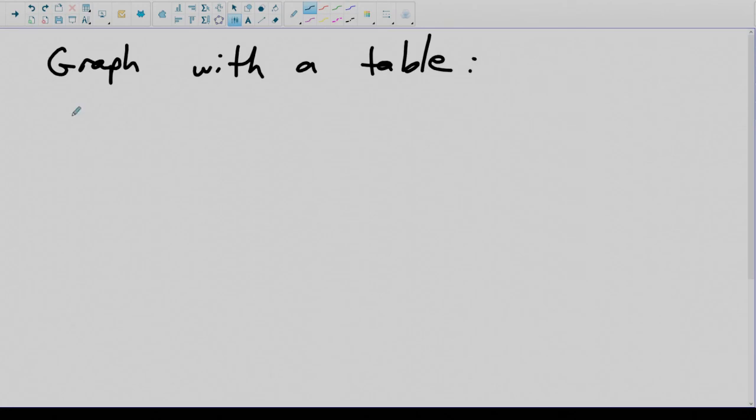So how would you use the table of values? So graph with a table. Let's do y is equal to 3x minus 2 squared. Okay?